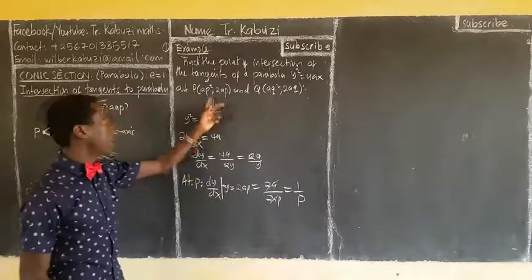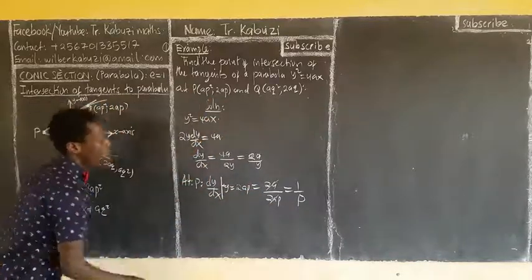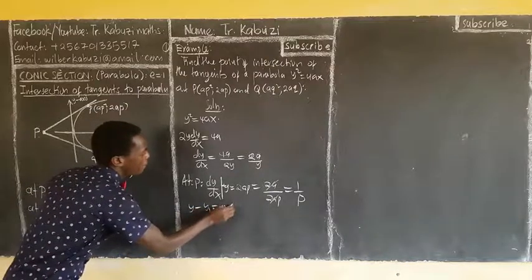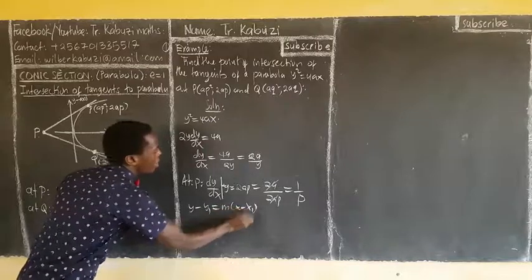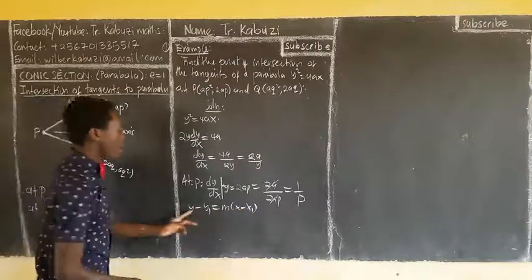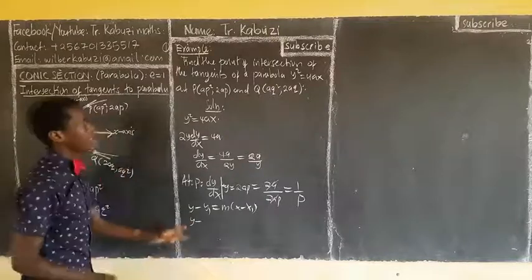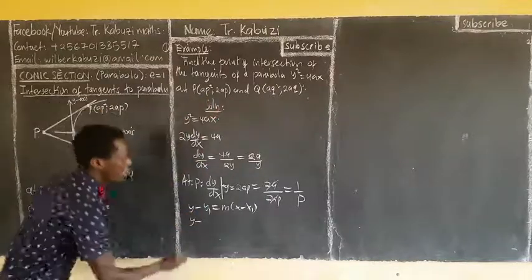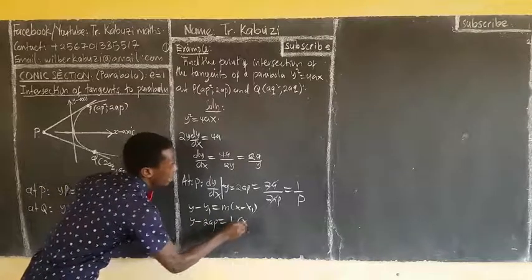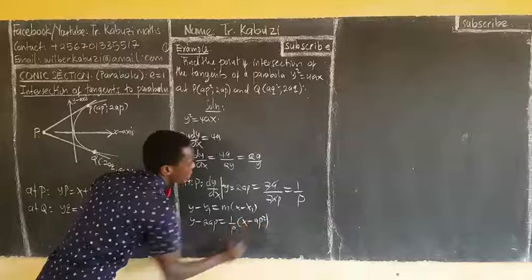Now I have where it passes. So now I'll say y minus y1 equals m into x minus x1. This is how we get the equation of a line, because the tangent is a line. So now I have y minus y1. This is the point, then the gradient is 1 over p into x minus ap squared.